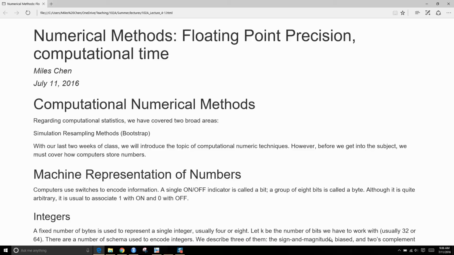Rather than using an analytic approach with equations and formulas, we can use the computer to get a very good estimate of the answer that we're looking for.